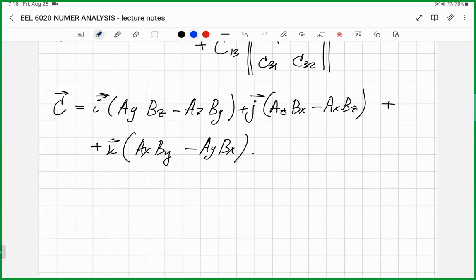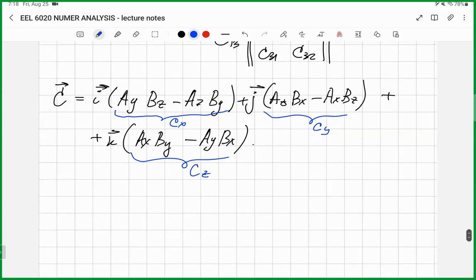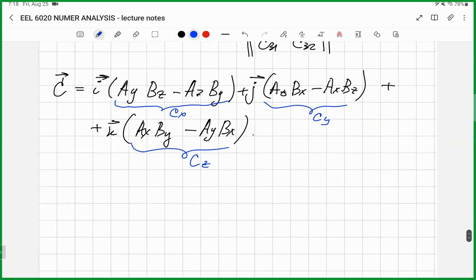So first of all, this is a vector, and this vector has several components. This is the first component of this vector, Cx. This is Cy, and this is Cz. Right. So it might look bulky, but it's very easy to remember. For example, for the first term here, AY BZ minus AZ BY, how do I remember this?